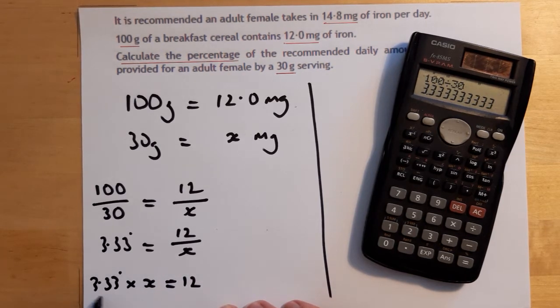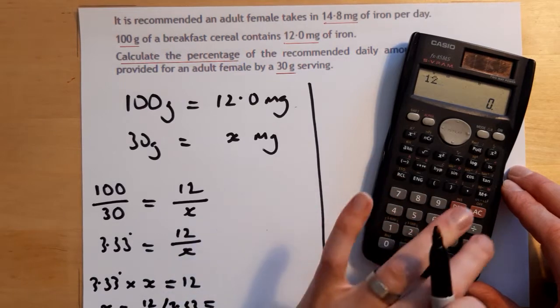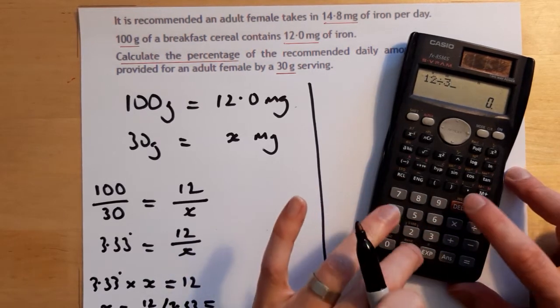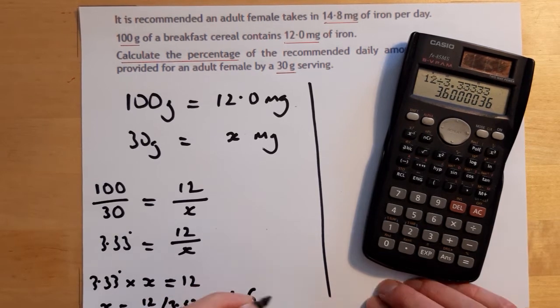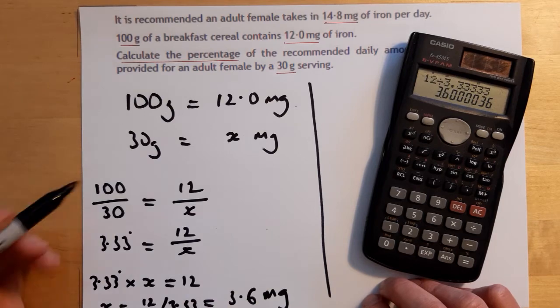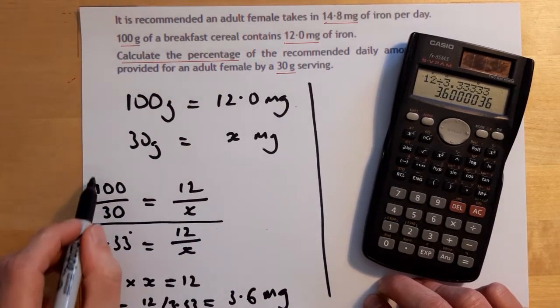And then you divide both sides by 3.33, so x equals 12 over 3.33, which equals 3.6 milligrams.